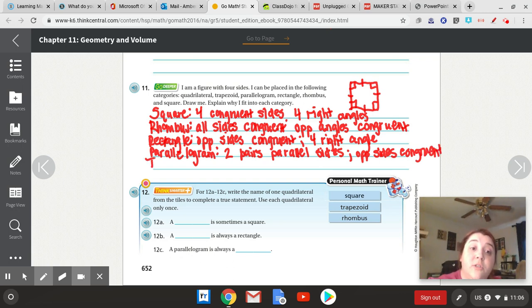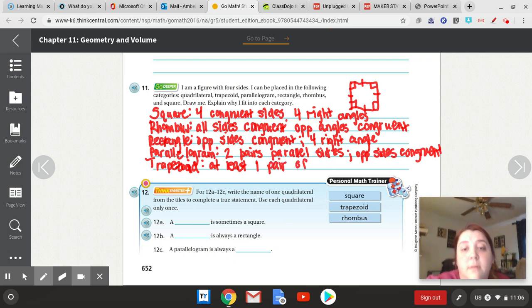I know that this is a trapezoid. Sorry, pen is lagging again, so it's hard to see what I'm writing. I know that this is a trapezoid because there's at least 1 pair of parallel sides.